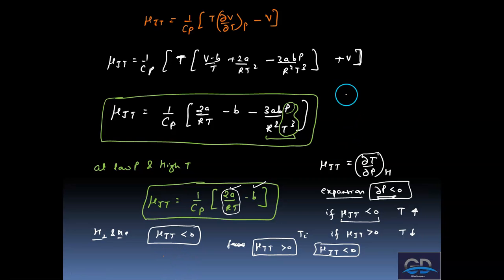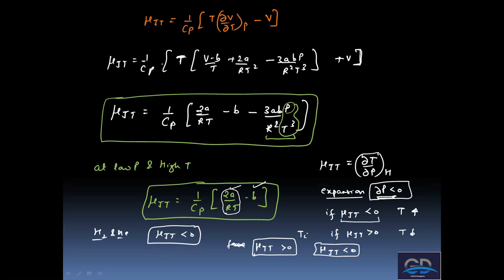I am writing it over here. So inversion temperature is where the nature of gas changes, which means mu JT, which was earlier more than 0, after this temperature, Joule Thompson coefficient becomes less than 0.